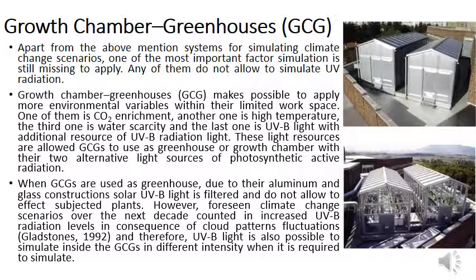These light sources allow GCGs to be used as a greenhouse or growth chamber, with two alternative light sources of photosynthetic active radiation. When GCGs are used as a greenhouse, due to their aluminum and glass construction, solar UVB light is filtered and does not affect the subject plants.